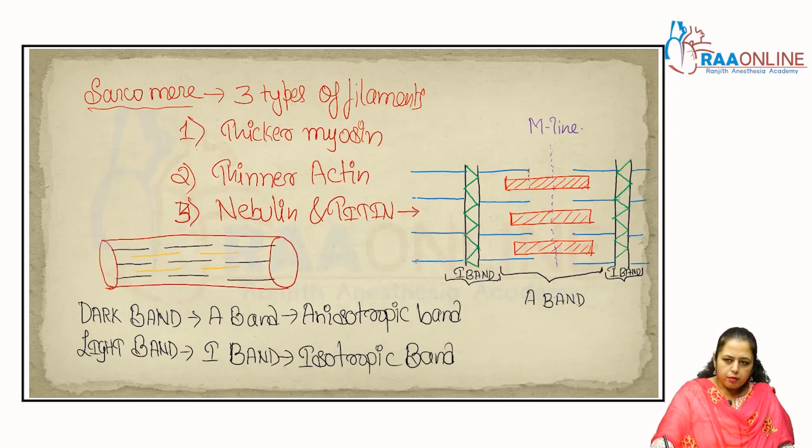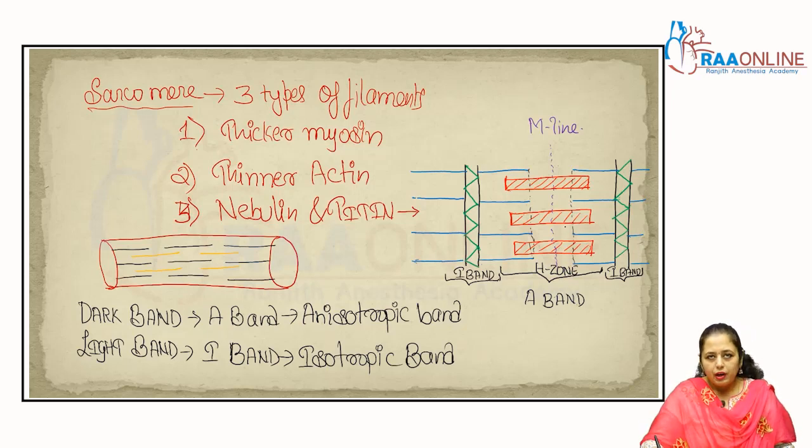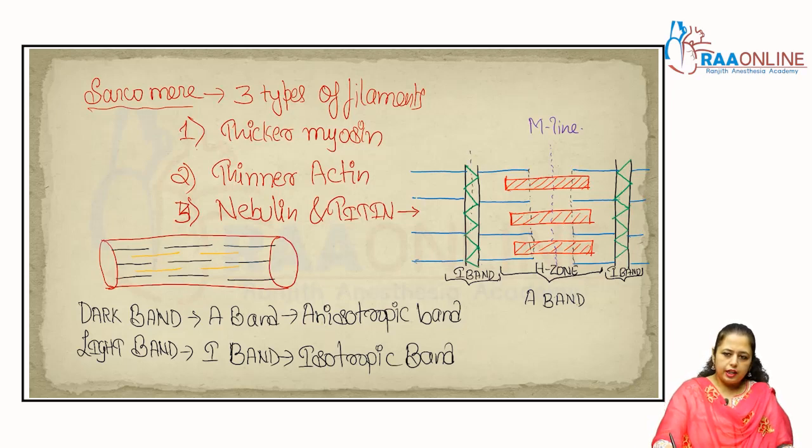That portion of the A band where the actin filaments are absent, that is called the H zone, where only myosin filaments are present, right? And the line which bisects the I band is called the Z line, right?